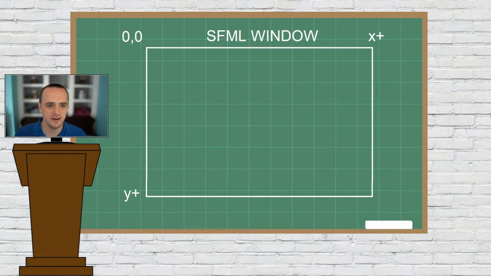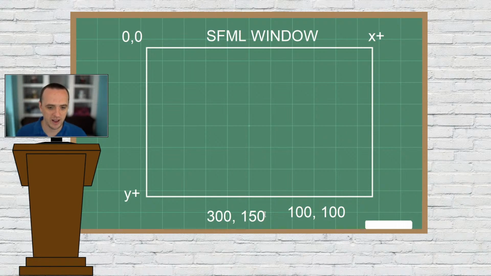That means that if I have a shape and I want it drawn at, let's say, X location 300, Y location 150, and I want it to have a width and a height of 100, 100, let's draw something that might look like that.